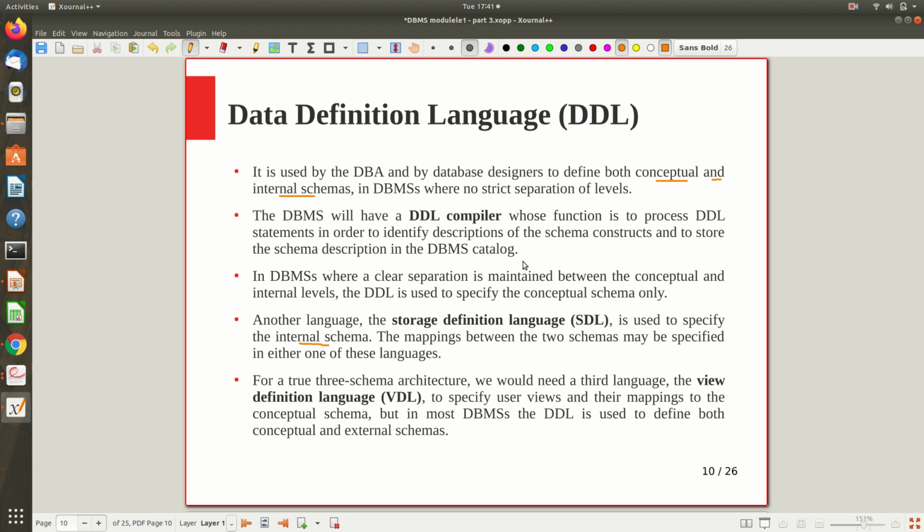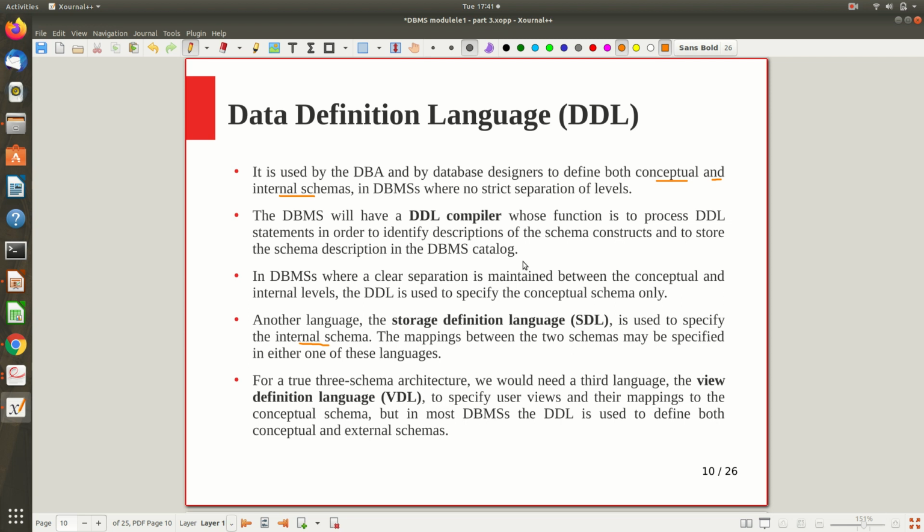Front end means the one which the user is interacts with, and for the back end development, which deals with the actual storage of information, we will be using some database language. It may be DDL or DML; typically we need both DDL and DML. So this is the general theoretical understanding.